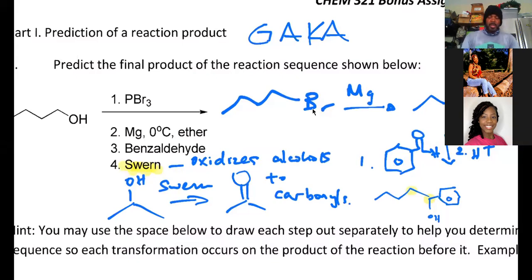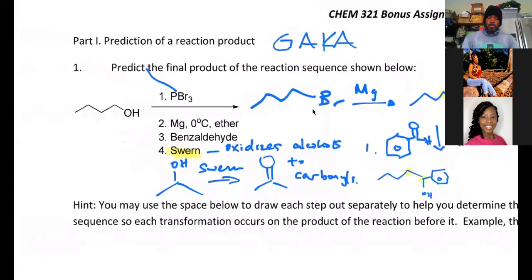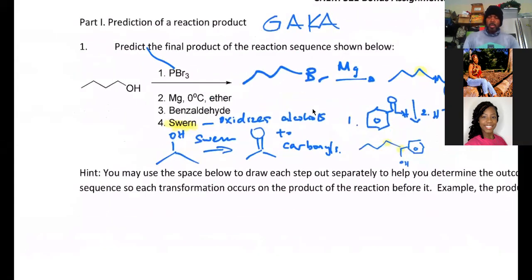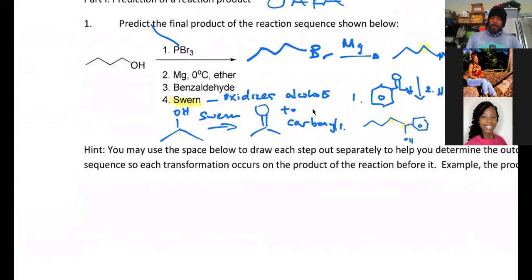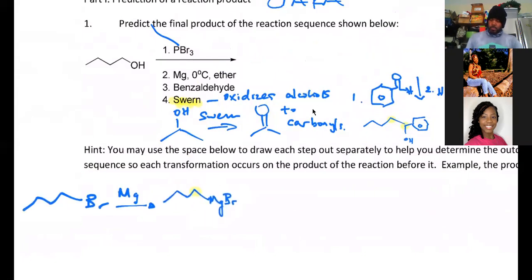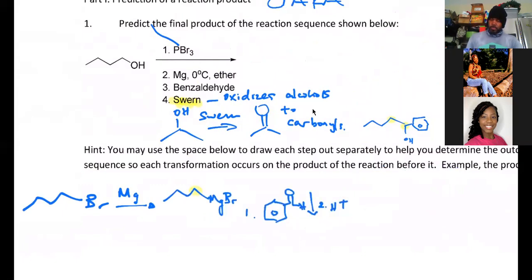Right, so if I take that last reaction, didn't realize I had all this room down here. Let me move some of this stuff. If I take that last reaction and I treat the alcohol with Swern, what should happen?